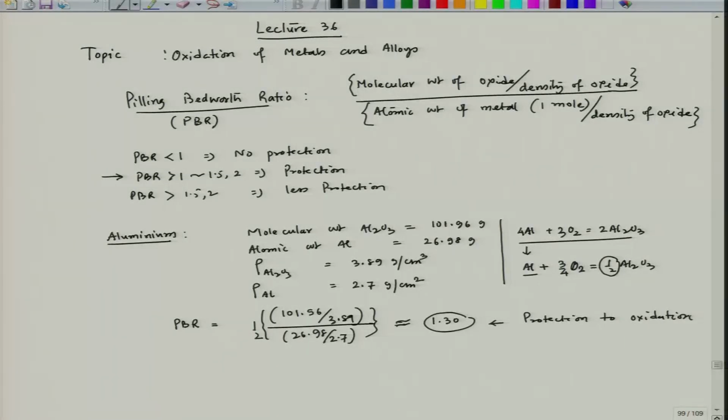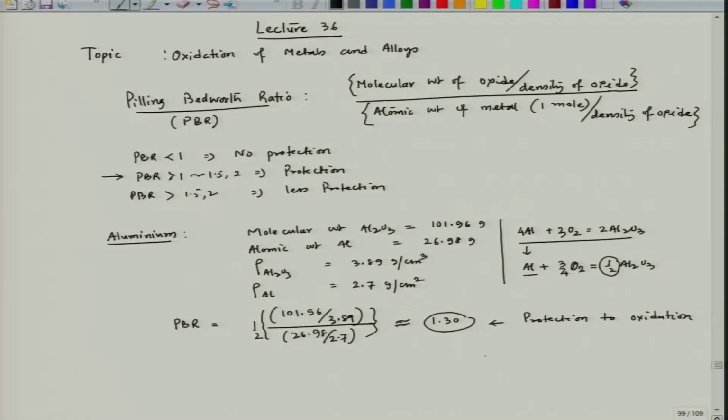In fact, Al2O3 is a very good example which gives very good protection to aluminium, since it forms a thin layer on top of aluminium, and the volume of Al2O3 generated from 1 mole of metal oxidation is sufficient to cover the entire surface. So, that means we have a barrier.